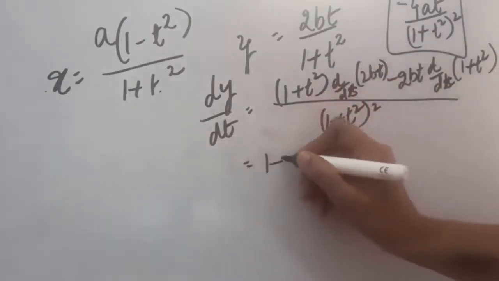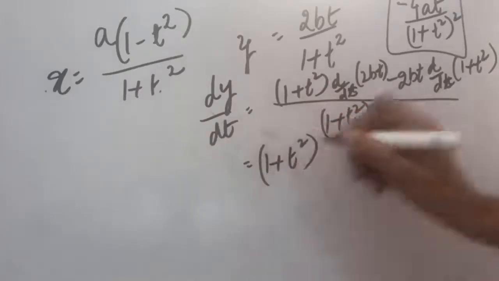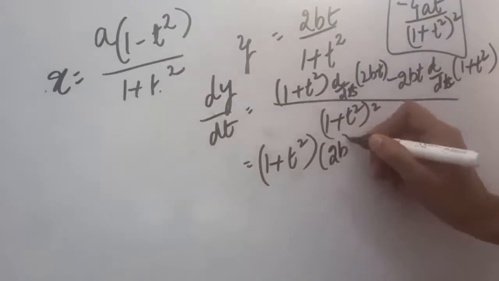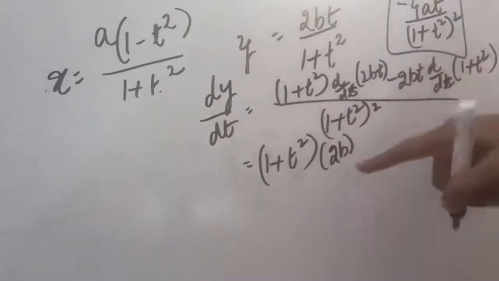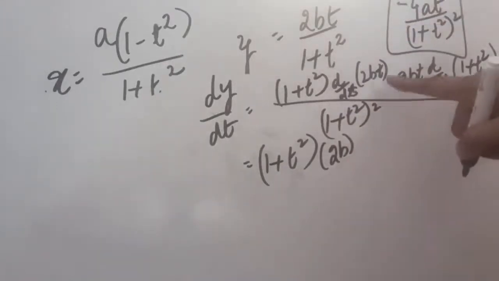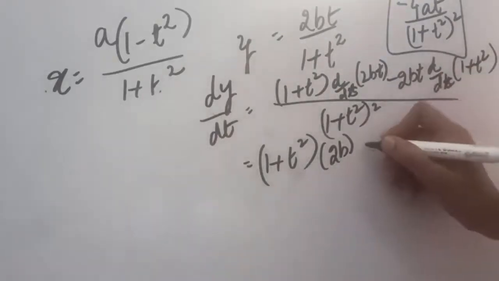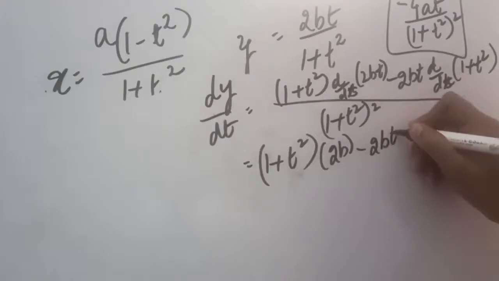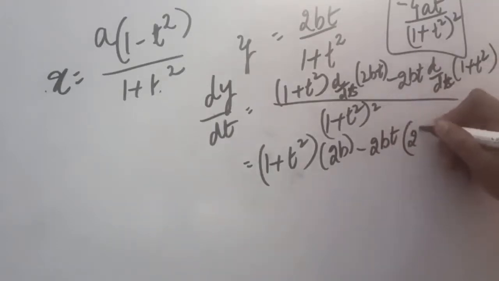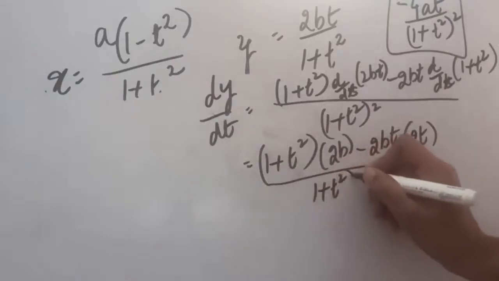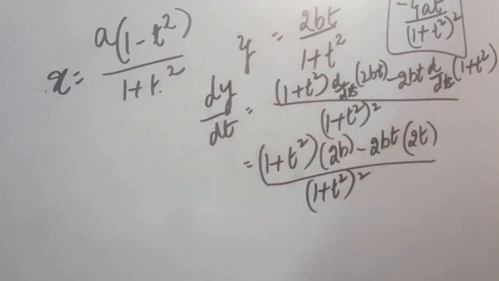So now this will be same 1 plus t square. The derivative of 2bt will be 2b. How? Because t's power is 1, it will come forward, it will be 2, and t's power will be 0. So that t to the 0 is equal to 1. So this is 2b minus 2bt, and here it will be 0 plus 2t. It will be like this, divided by 1 plus t square whole square.